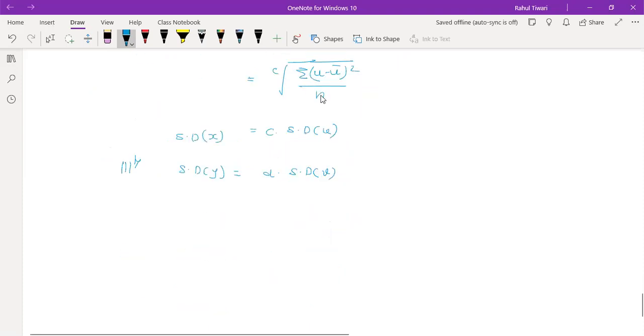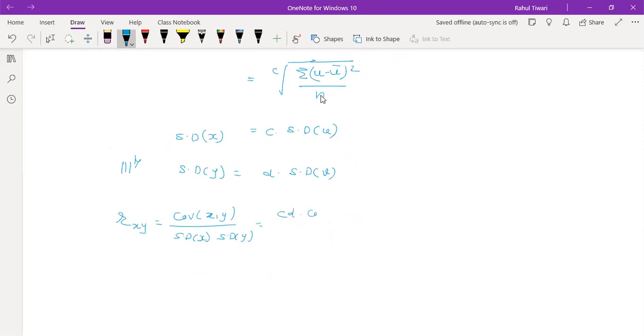Hence r_xy means the original correlation. What is the formula? Covariance between x and y upon standard deviation of x into standard deviation of y. What is the covariance?